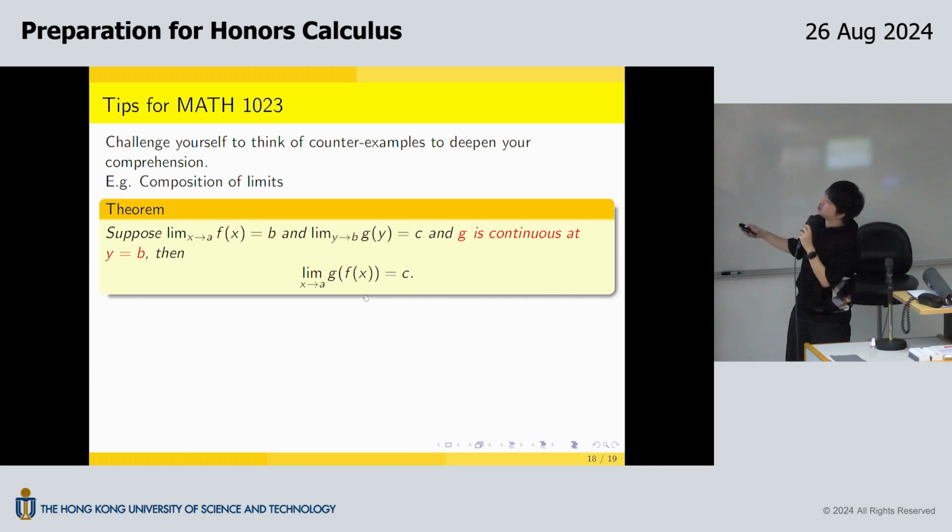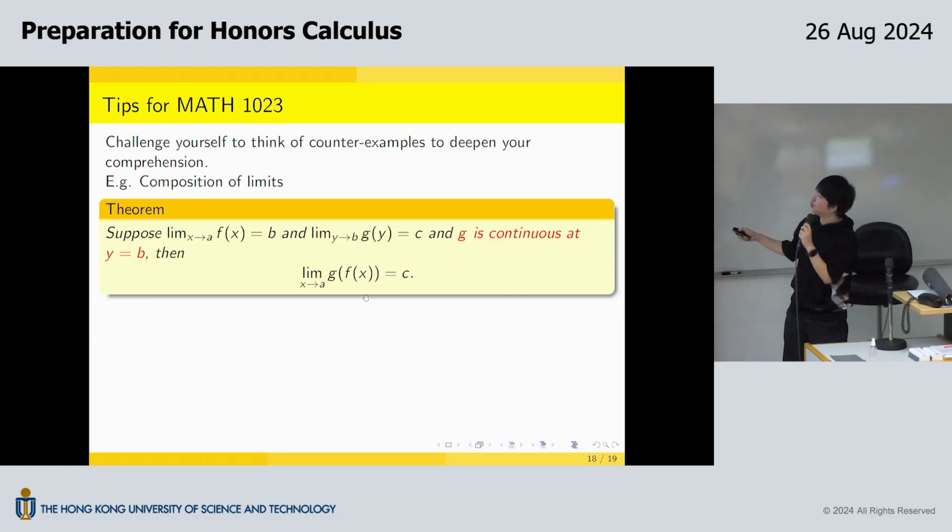composition of limits. If you have two functions f and g, such that the limit of f as x goes to a equals b, and the limit of the function g as y goes to b equals c, then is it true that the limit of the composition is c?